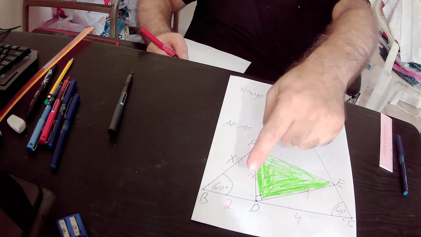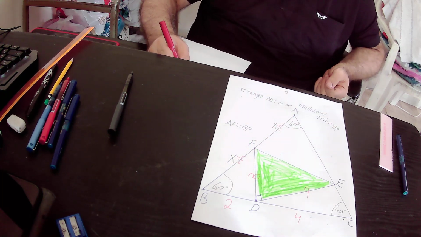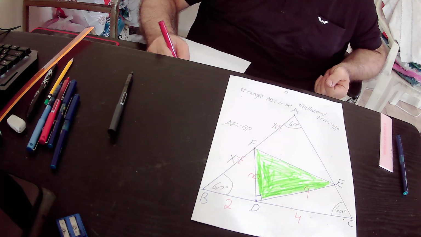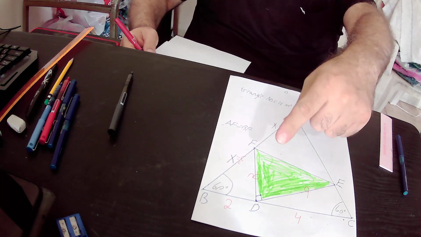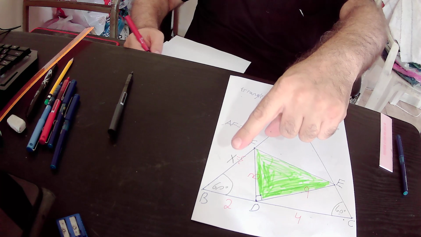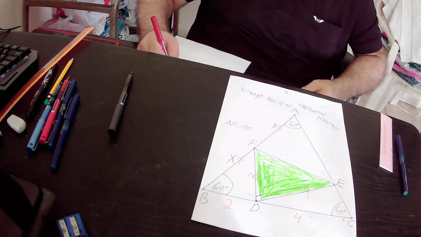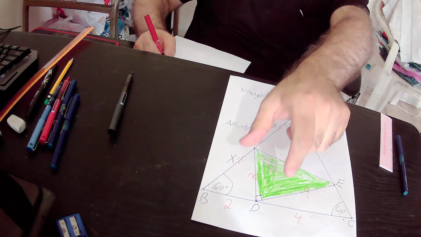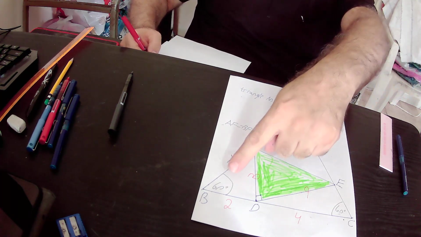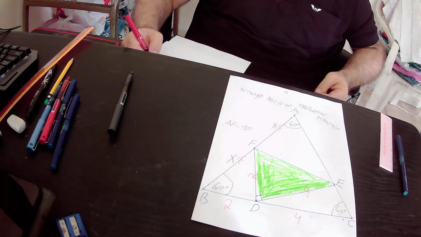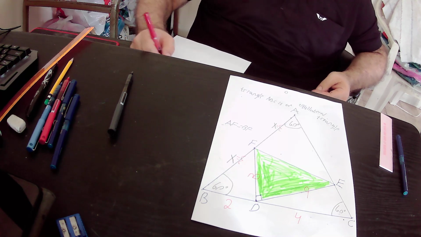BD equals 2 units, so 2 square is 4, minus 2 times FB is 3, times BD is 2, times cosine 60 degrees. Cosine 60 degrees is 1 over 2.